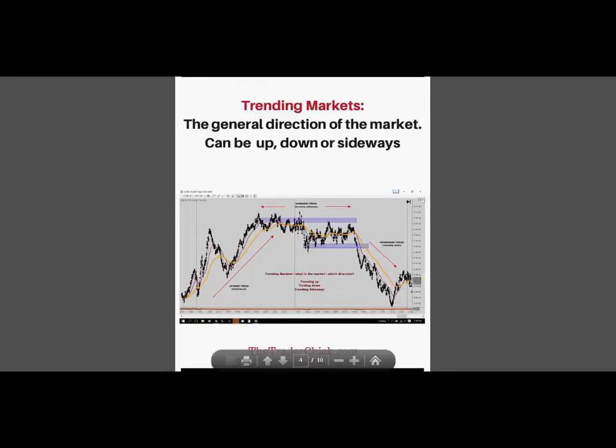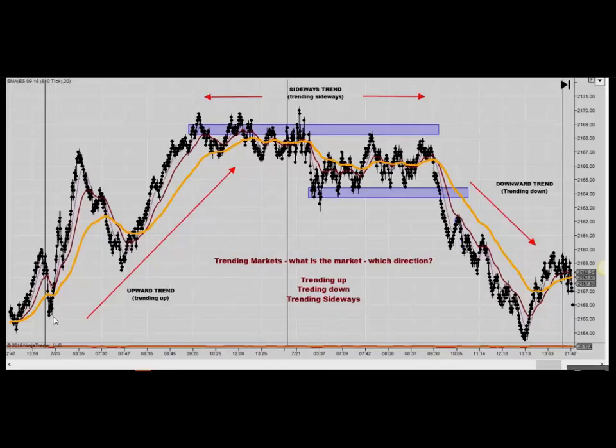Okay, trending markets. What are trending markets? Basically, the market moves in three different ways, three different trends. We have an uptrend, we have a downtrend, and we have a sideways trend. So, up, sideways trend, downtrend.